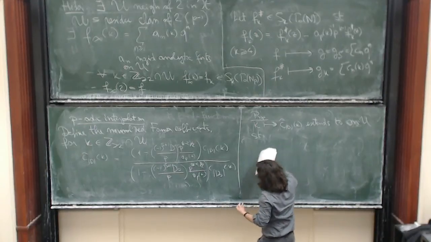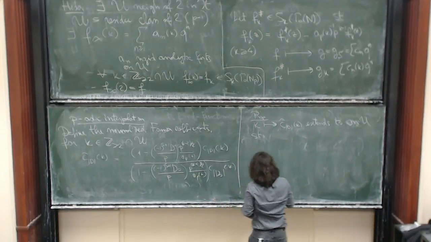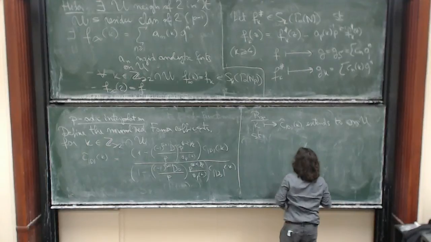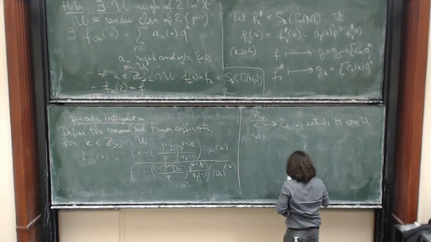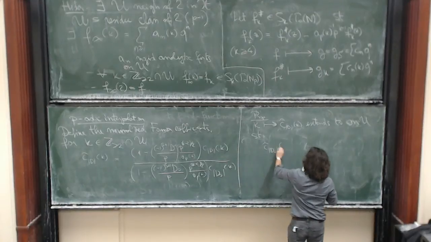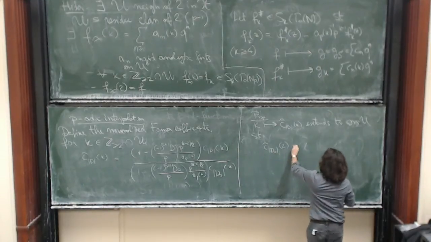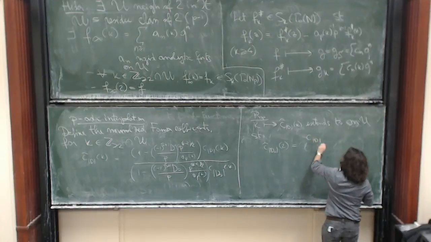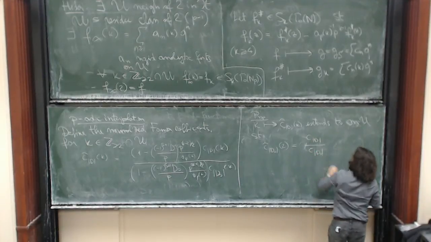One wonders what the behavior at 2 is, and thanks to Shimura's relation for half integral weight modular forms, one can show that the value at 2 of this function is just the quotient of CD over CD0.